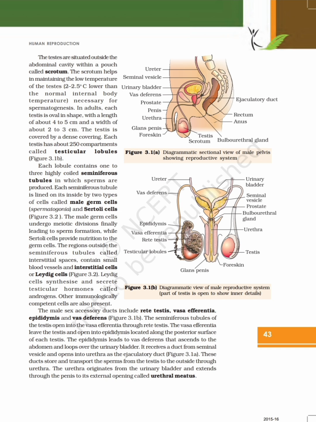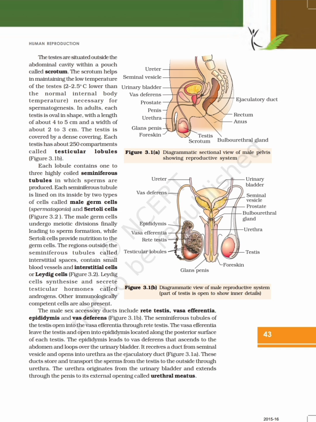Then the epididymis leads to the vas deferens, which loops over the urinary bladder, and then it receives a duct from the seminal vesicle.